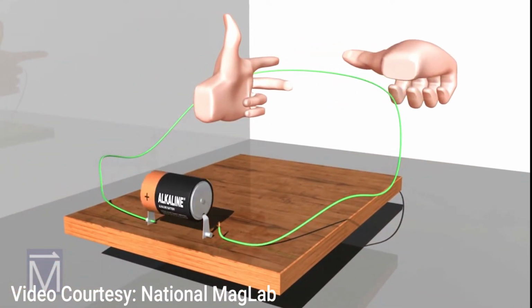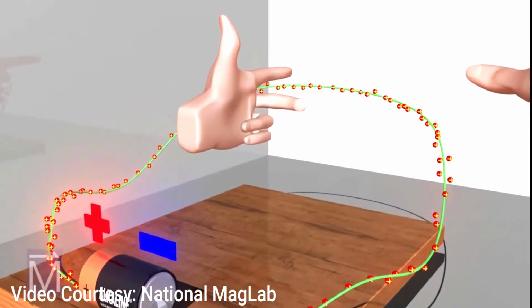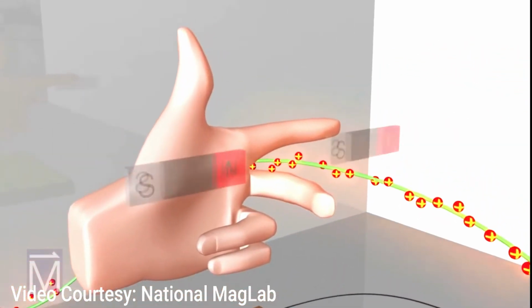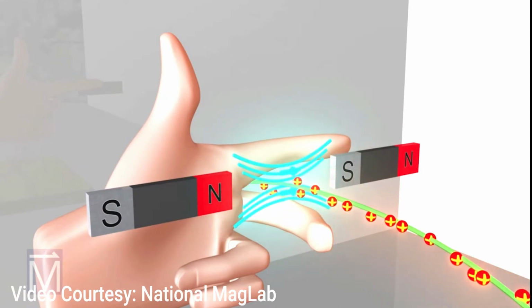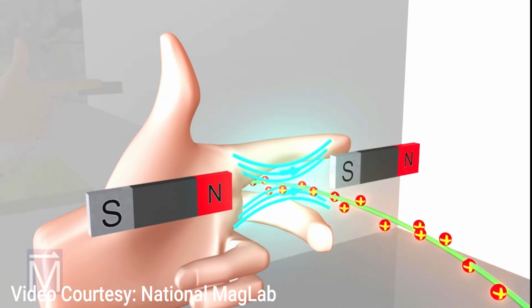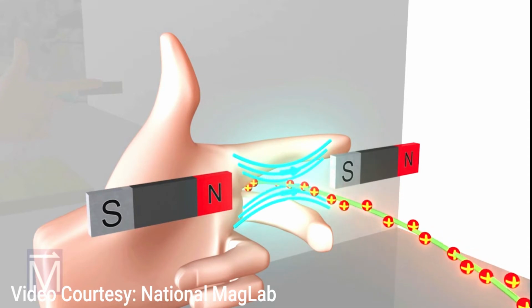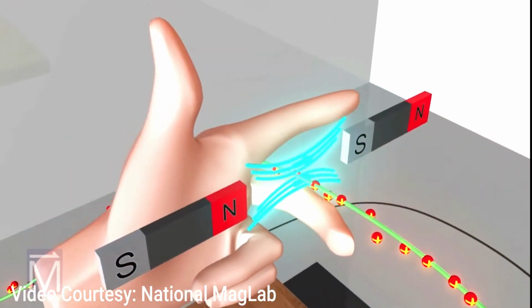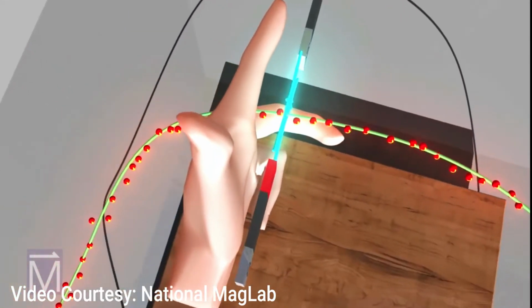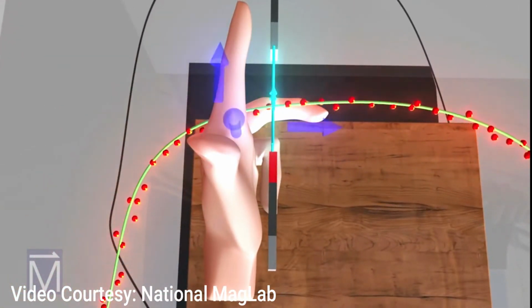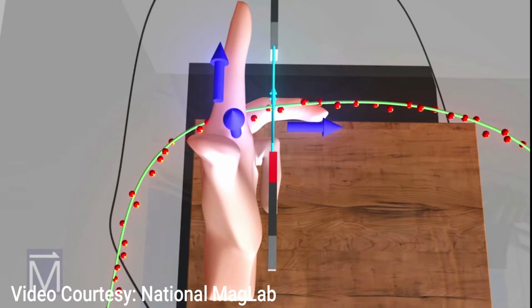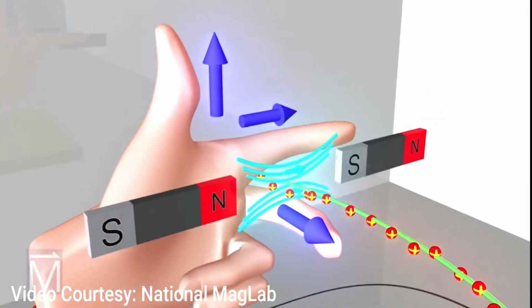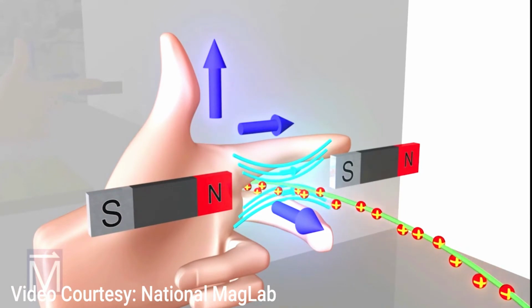We also need a magnetic field to explain what's happening. These two magnets provide that field, depicted here by the blue lines. When charged particles enter a magnetic field, the field exerts a force on them. You can use your hands to find out the direction of that force. Position your left hand like so, with your index finger pointing in the direction of the magnetic field, your middle finger pointing in the direction of the current, and your thumb pointing up, forming a right angle with your index finger.